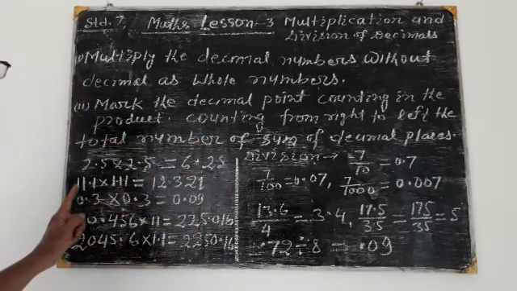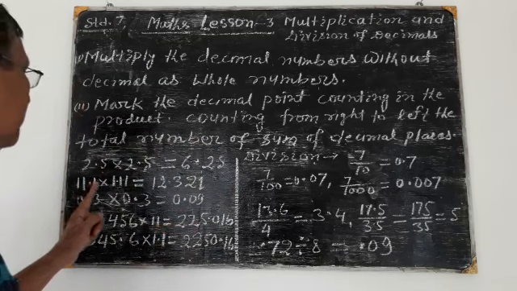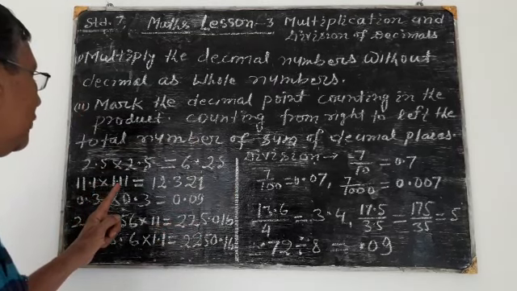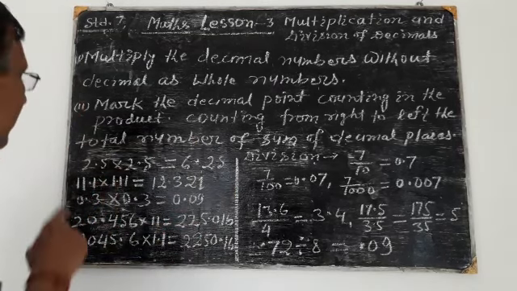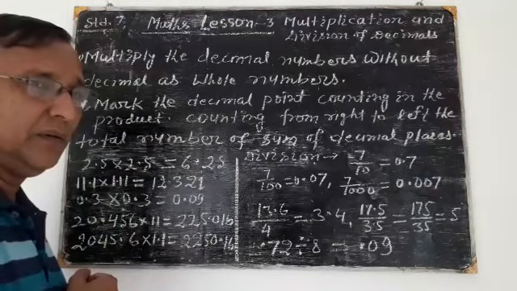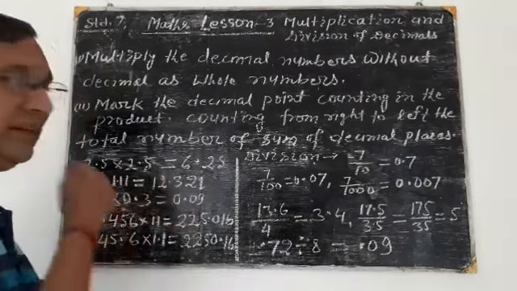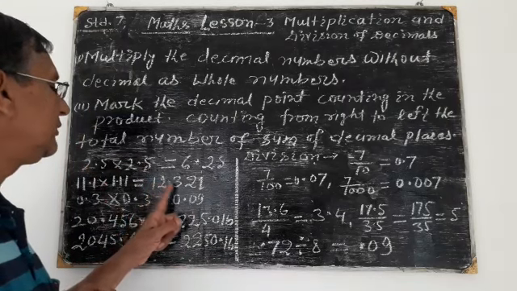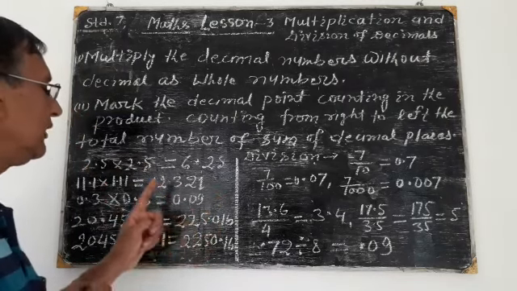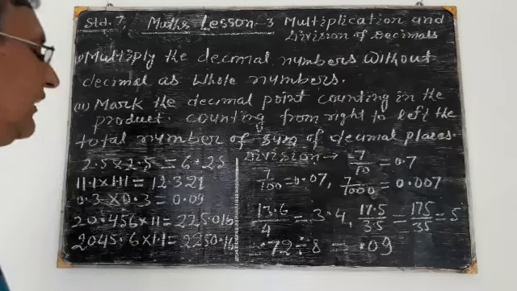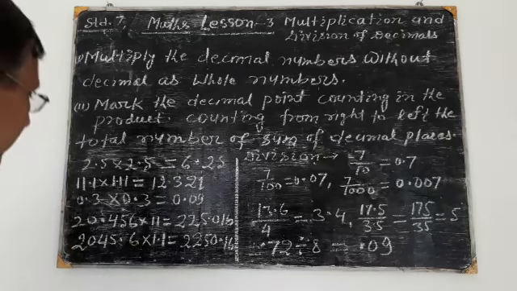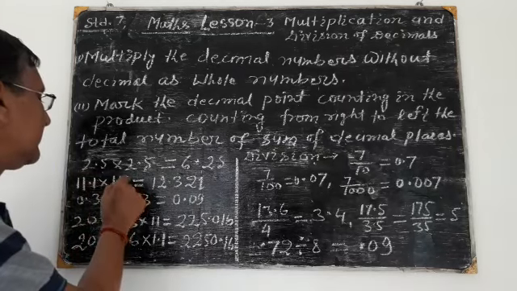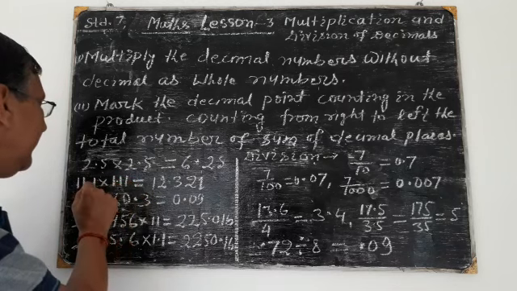The second one is 11.1 multiplied by 1.11. If we multiply 111 by 111, the result is 12,321. But here two decimal places are available in the second number and one in the first.